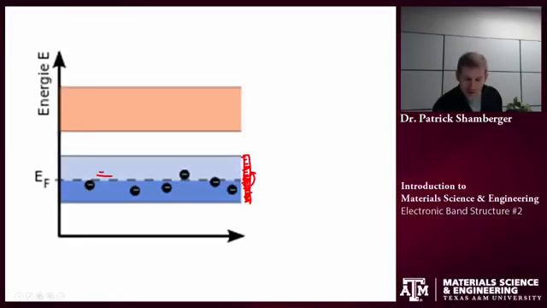So there are a lot of available unoccupied energy levels up here that electrons can get excited to. Remember, there's always thermal energy in the system, and that's enough to bump up these electrons a little bit to these unoccupied energy levels. And what that means is that this material can conduct very well.